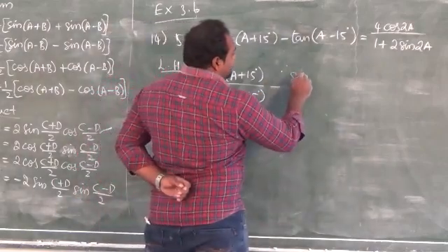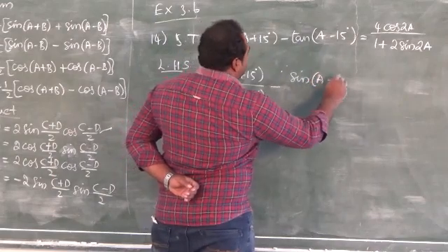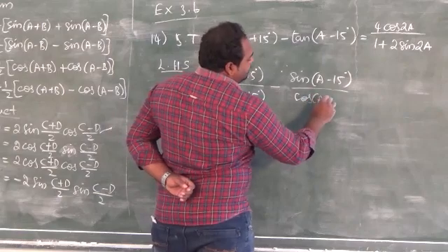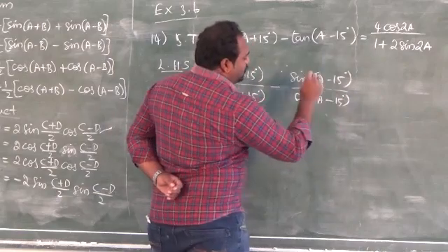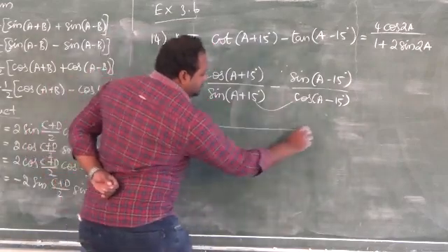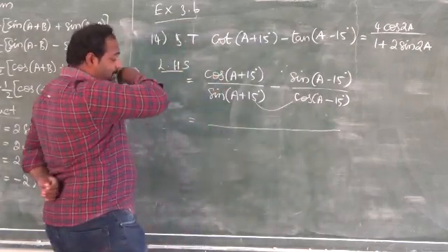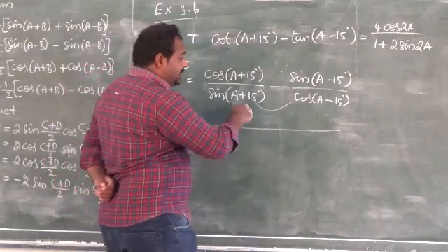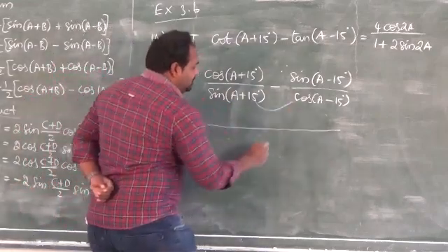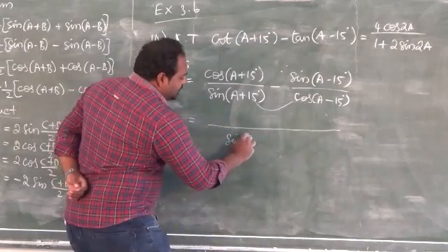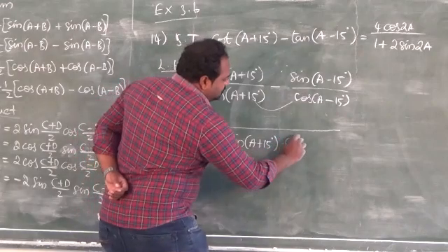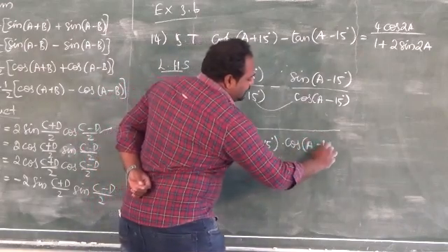It is sin of (a minus 15) by cos of (a minus 15). Okay, now I am going to take the LCM for the denominator. The LCM is the multiplication of these two denominators, sin of (a plus 15) into cos of (a minus 15).